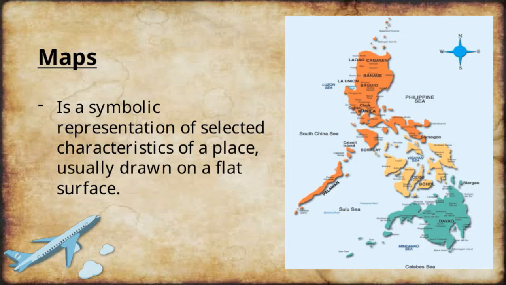Let's talk about maps. A map is essentially a symbolic representation of a place, which means it uses symbols and visuals to show real-world features. Usually, these are drawn on a flat surface, like paper or a screen, making it easier to visualize and understand the geography of an area. The key idea here is that maps simplify complex landscapes by highlighting selected characteristics, so we can focus on what's most important or relevant.